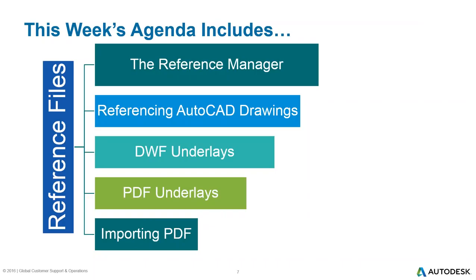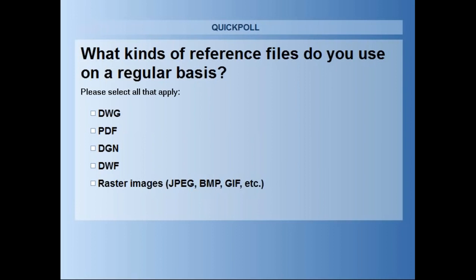Let's go ahead and do our last one, because we know that 70% of you do work with them. So the question now is, what type of reference files do you work with? Drawing files, PDFs, DGN, DWFs, raster images.